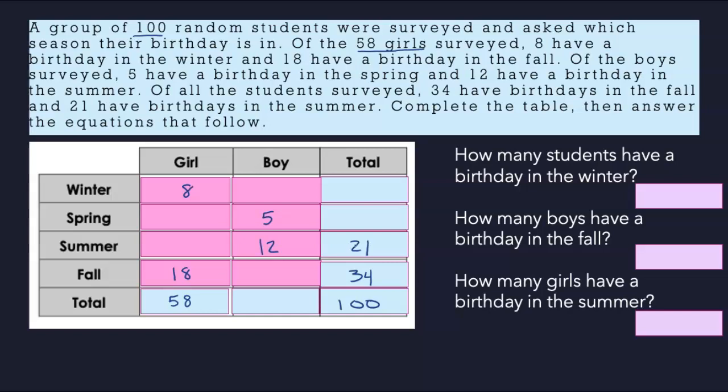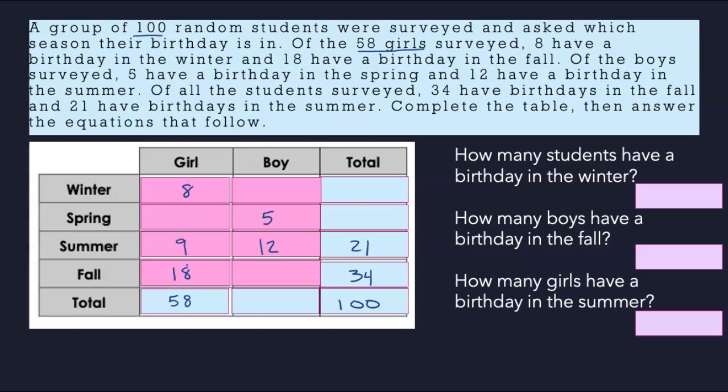Now we have to complete the table. I start by looking for rows or columns that are only missing one piece of information. So if I look at my columns, every column is missing more than one. So then I start with my rows. And I notice that spring is missing 2, summer is only missing 1. So I need to know girl here, so girl plus boy equals my total 21, so I can subtract. 21 minus the boys would give me the girls. 21 minus 12 is 9.